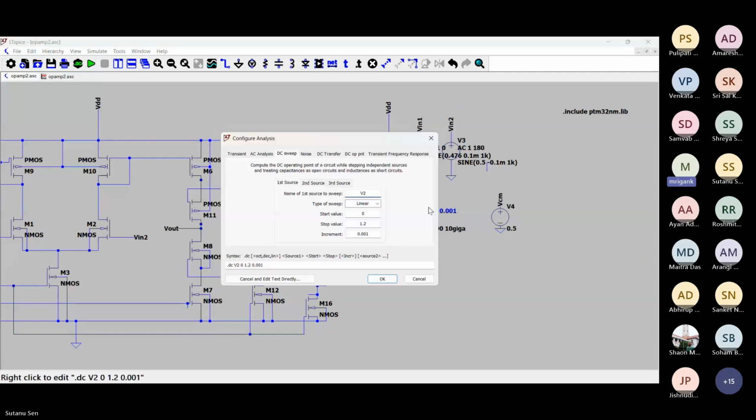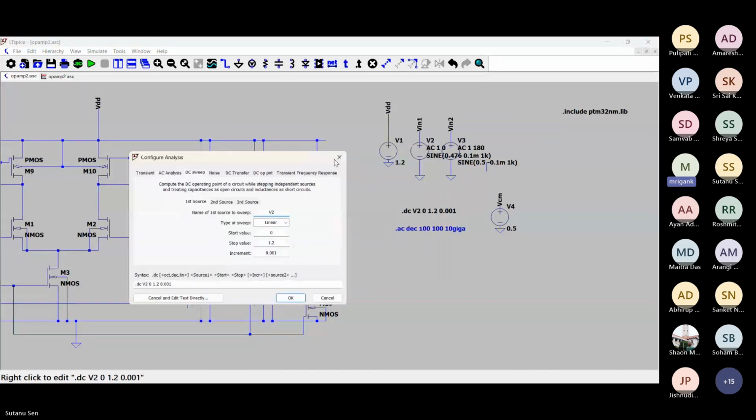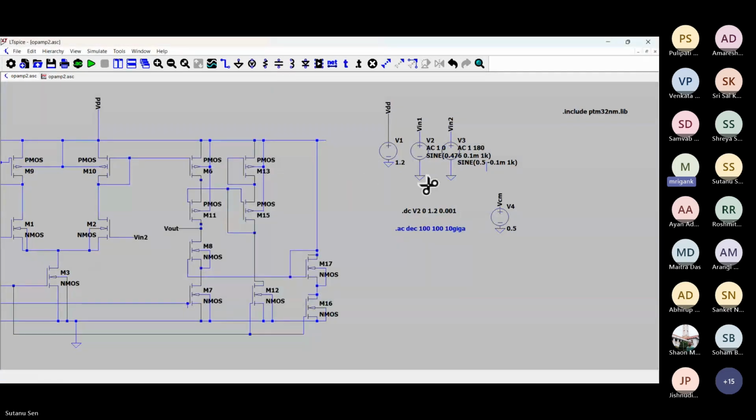There is another way of doing this rather than changing the DC sweep, where you can also connect a large inductor in the feedback unity gain. The inductor value omega L at DC will be 0. So for DC it will act like short circuit, but for higher frequency it will act as open circuit. So for that we need to put an L which is very high. Theoretically it will work just for the analysis.